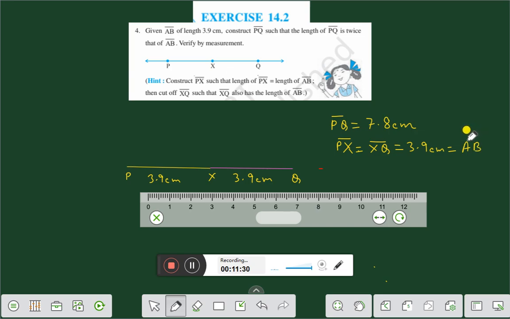In this way, you can also solve this problem. In both methods you can do the problem. This is the second method, and previously I discussed the first method.